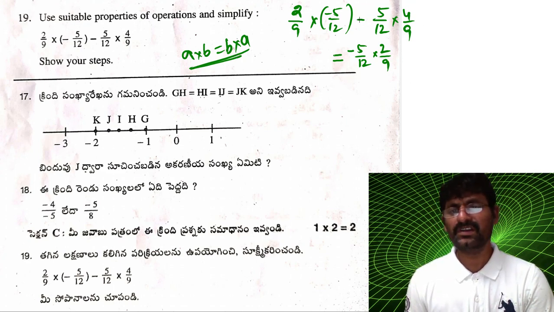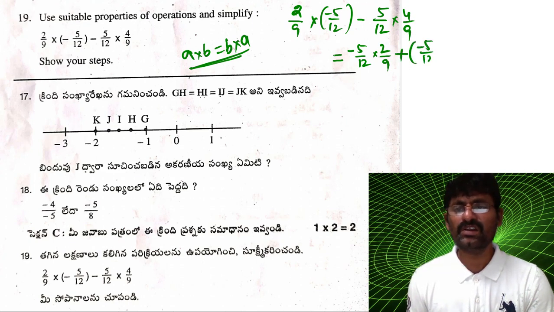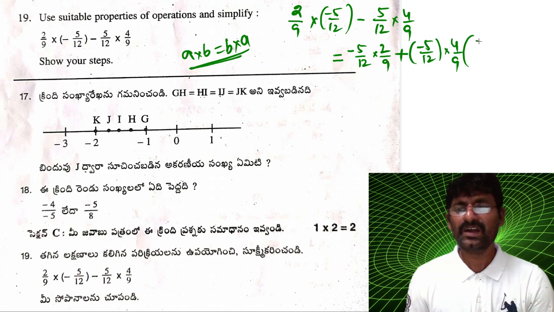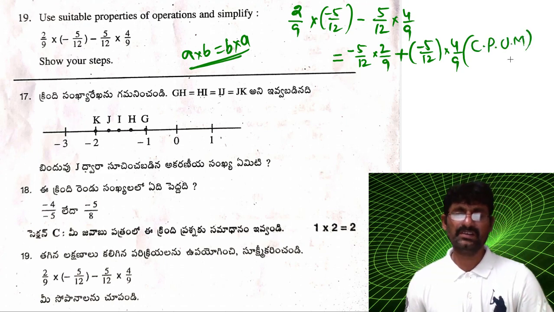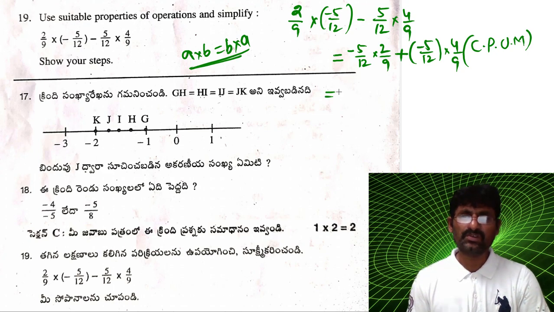Then the second part, -5 by 12 into 4 by 9, I am writing as plus -5 by 12 into 4 by 9. Here I wrote the first part by using the commutative property under multiplication. Now -5 by 12 is here and here also, so we can take it common.